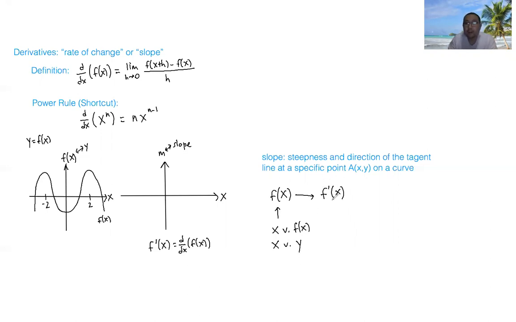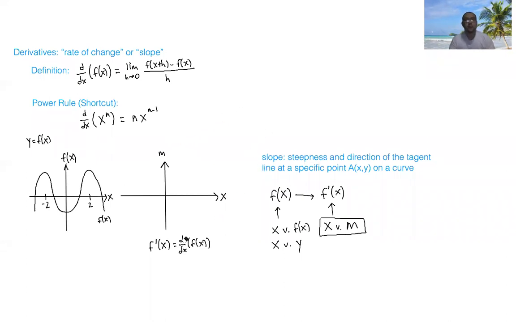The plot of your derivative, using this curve, is going to actually be x versus the slope, okay, at specific points that you pick on your curve. And we're going to go through that with this example right here. Okay, so let's clear some of this stuff out and let's get started.